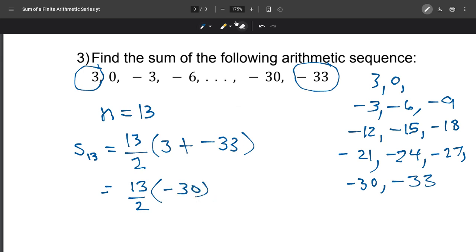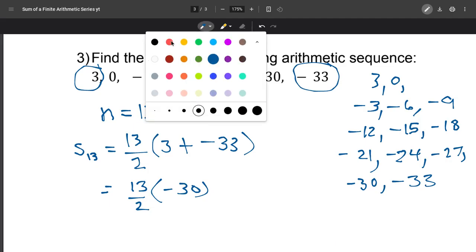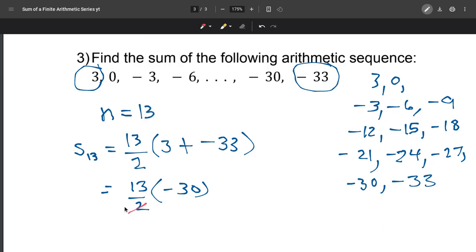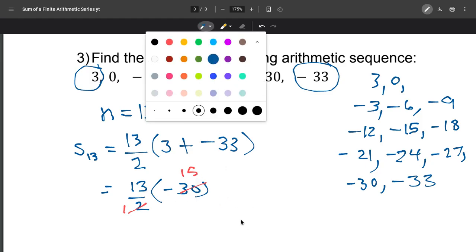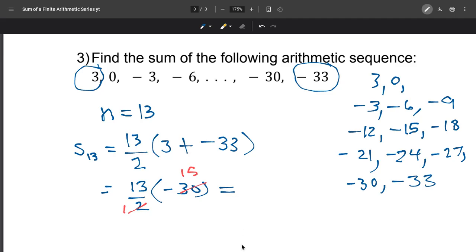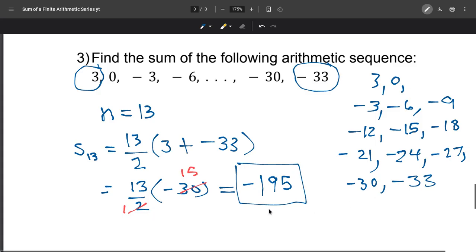And we can do some simplifying here. 2 goes into -30 15 times, so I can cross this off, write a 1, cross this off, write -15. So essentially we've got 13 times -15 as our solution, which is -195. So there you go. The sum of the 13 terms here equals -195.